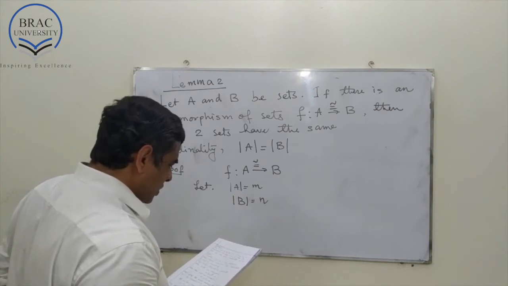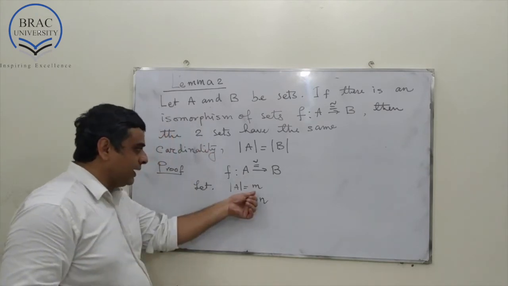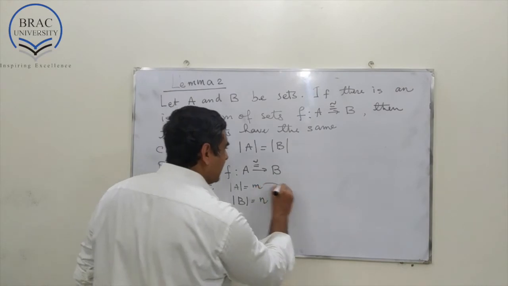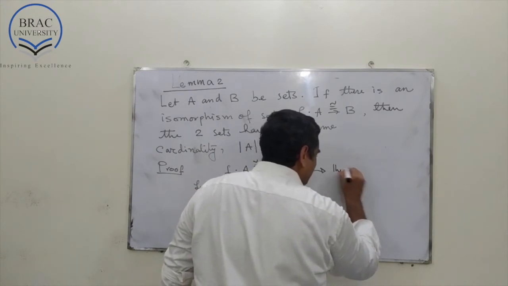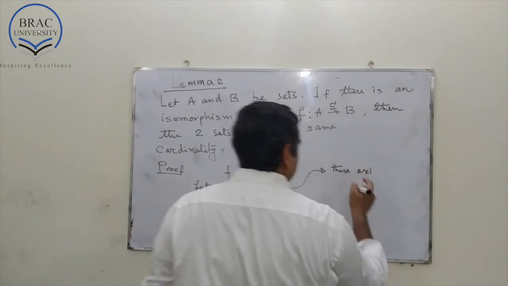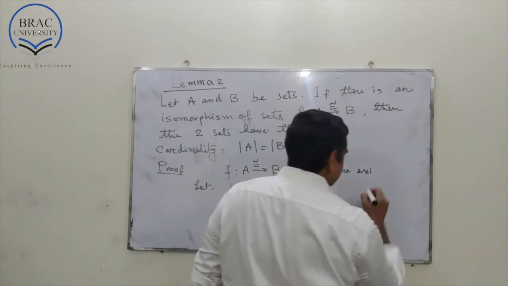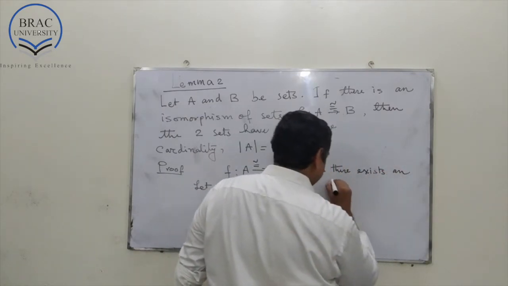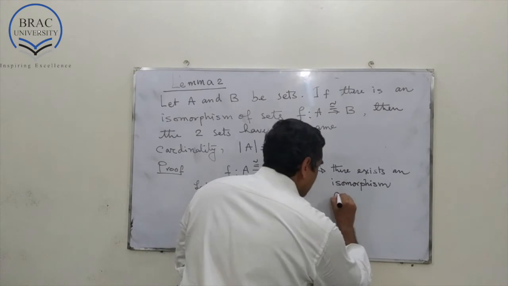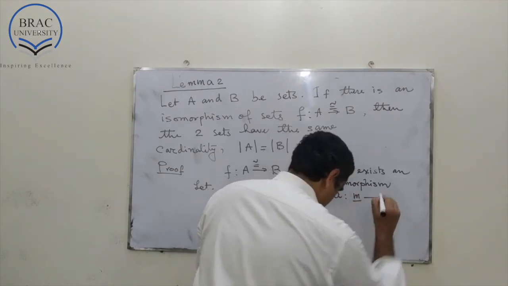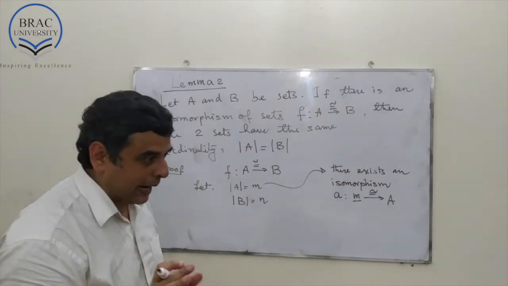Now, since the cardinality of set A is precisely m, by the definition of cardinality, which I have written down a few minutes ago, we know that there exists an isomorphism from underbar m to A. Underbar m means the set of the first m natural numbers.